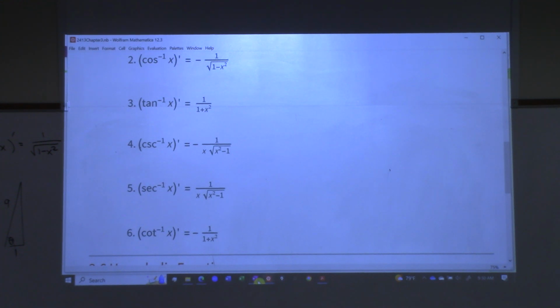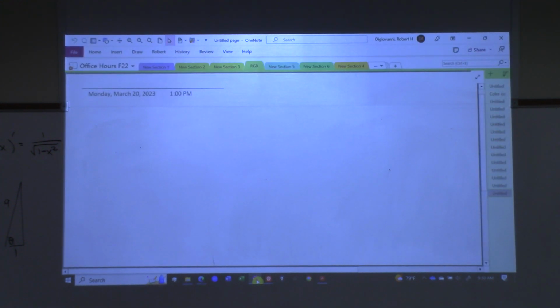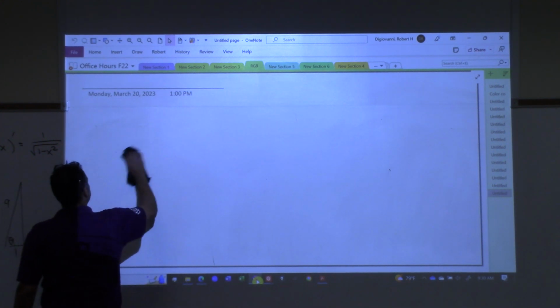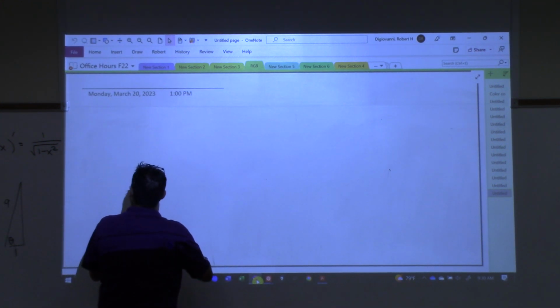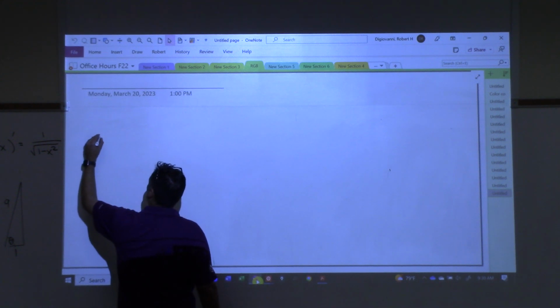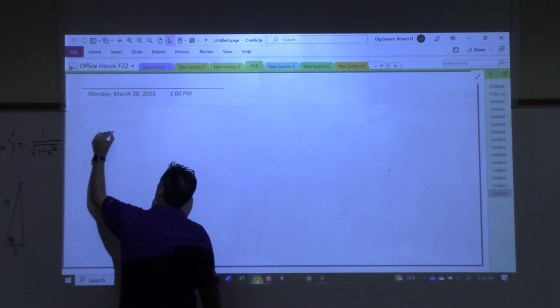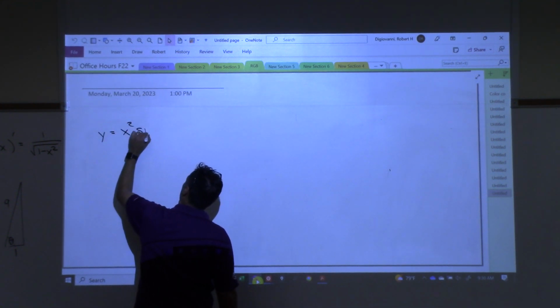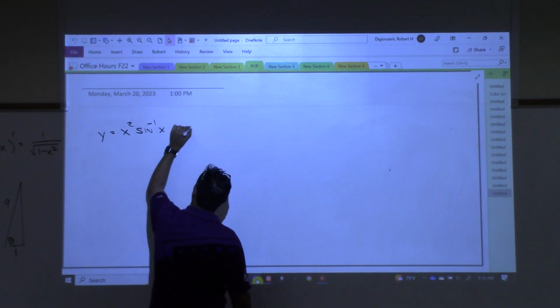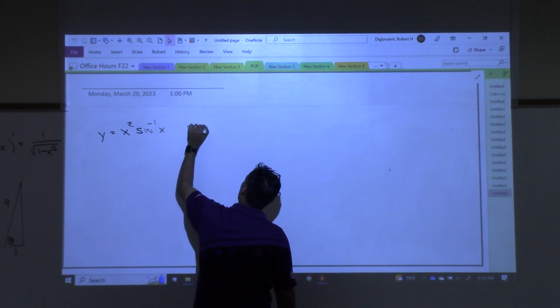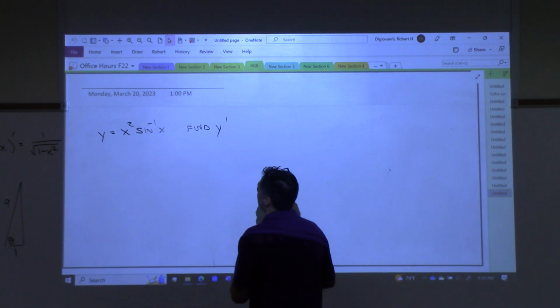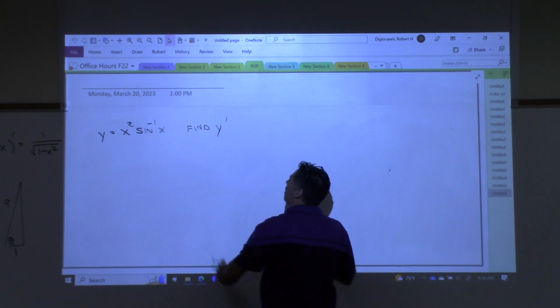All right, so now let's see if you can blend those new formulas with some old stuff and some newer stuff. So how about this? If y is equal to x squared inverse sine x, find y prime.